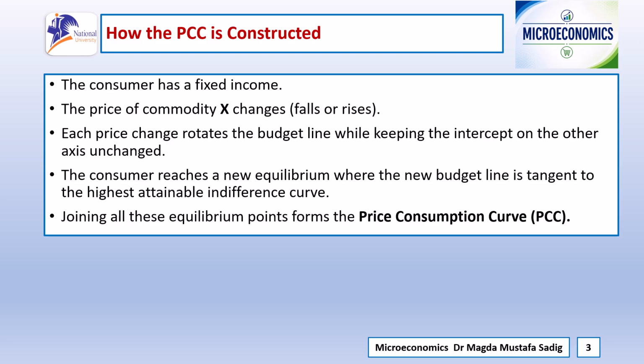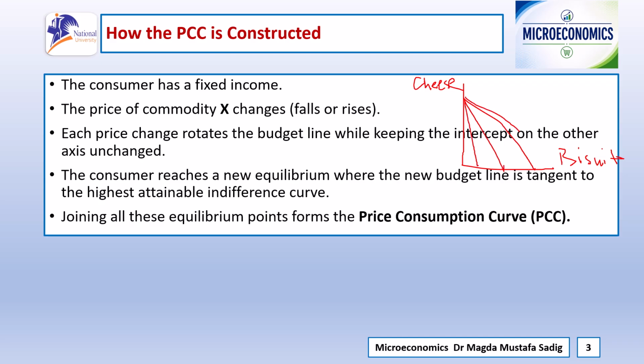Let me show you how the budget line can rotate like this. Let us say this is the cheese and this is the biscuit. And this is our budget line. The budget line rotates like this.